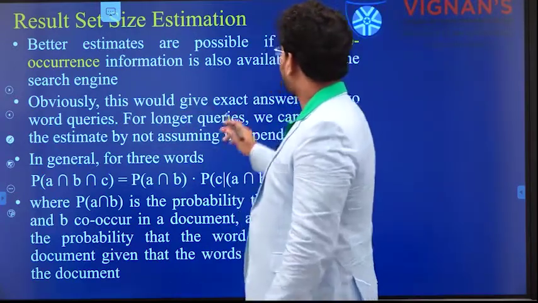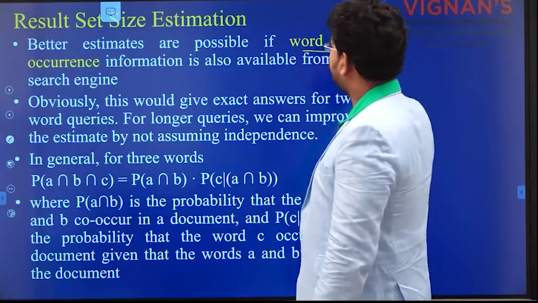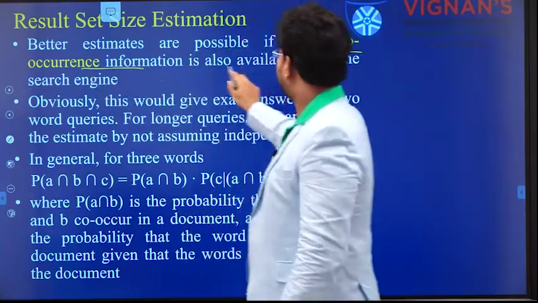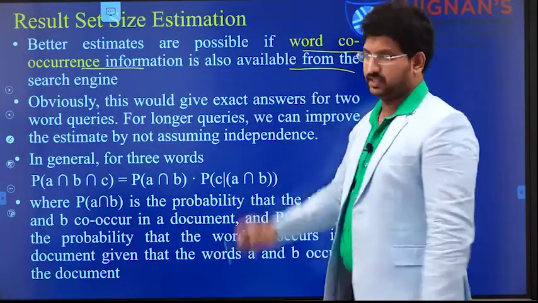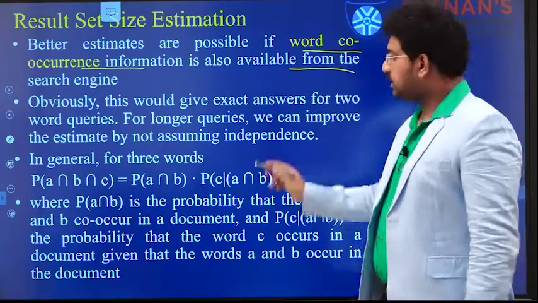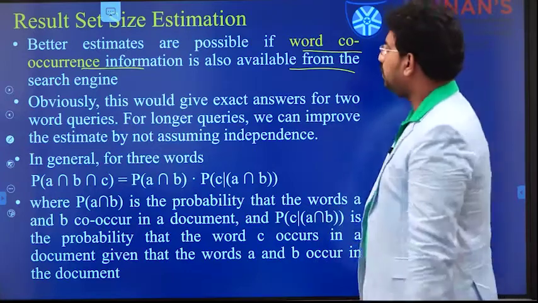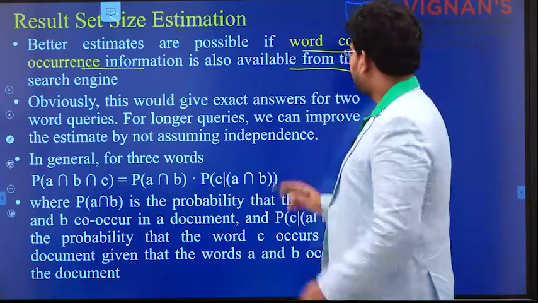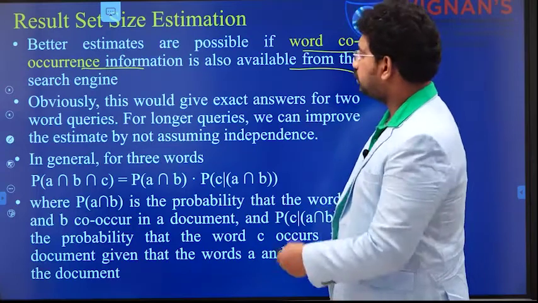Better estimates are possible if word co-occurrence information is also available from the search engine. Obviously, this would give exact answers for two word queries.